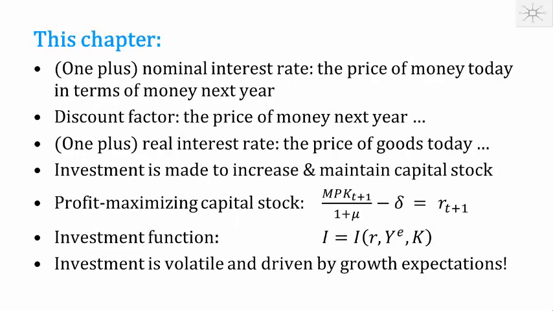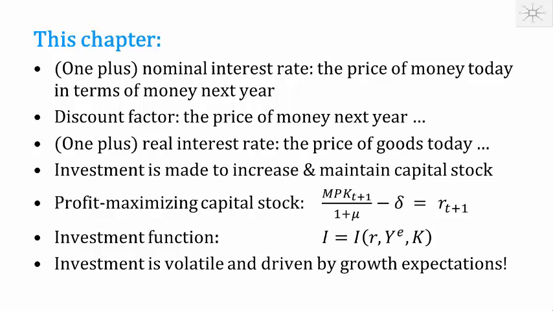Okay, so in this chapter we learn that 1 plus the nominal interest rate is the price of money today in terms of money next year. We learn that the discount factor is the price of money next year in terms of money today.